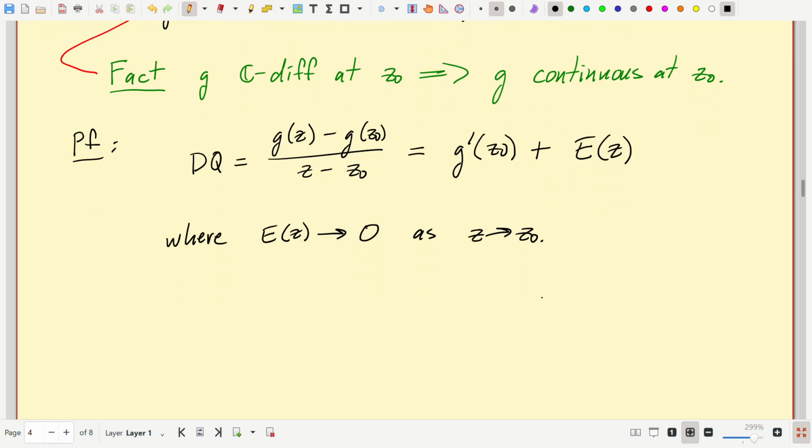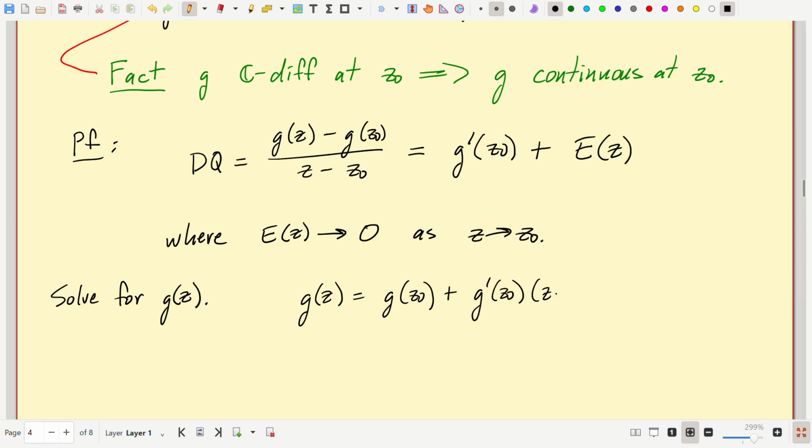Now if I solve for G of Z in that formula, I get G of Z is equal to G of Z naught plus G prime of Z naught times Z minus Z naught plus E of Z, the error, times Z minus Z naught.